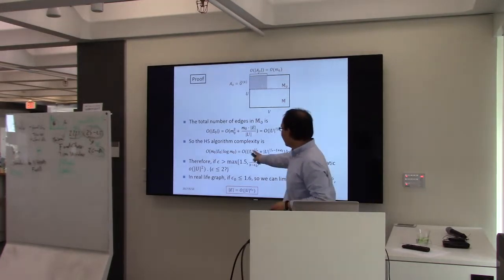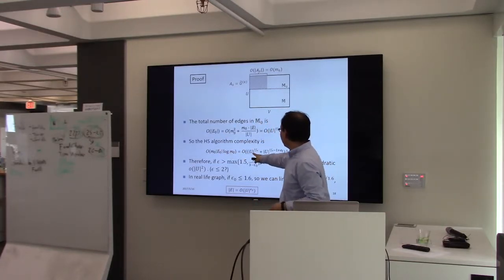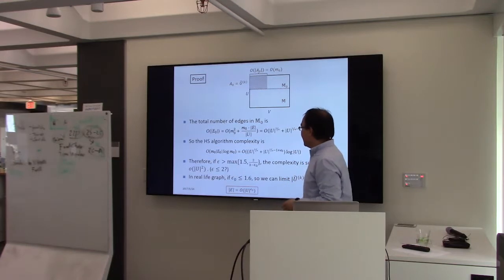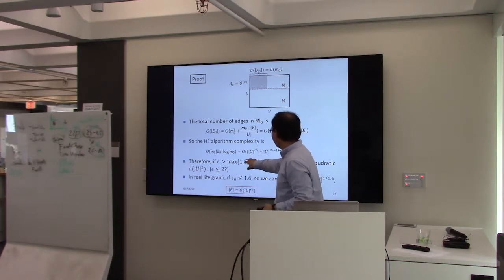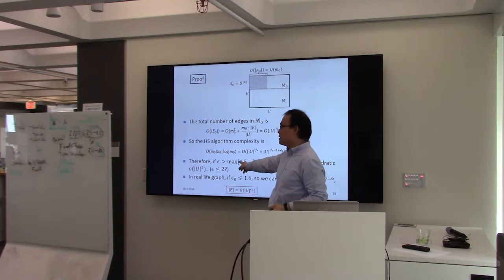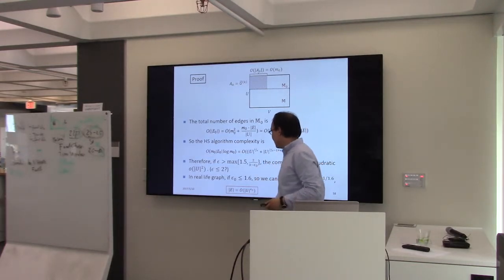So the whole shaping algorithm we are talking about will look like this. Therefore, using some algebra, we can find that epsilon must be larger than 1.5, because 3 over epsilon is larger than 2, so 2 over 3 minus epsilon.